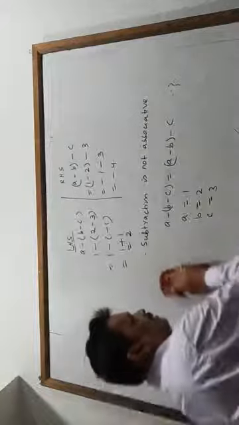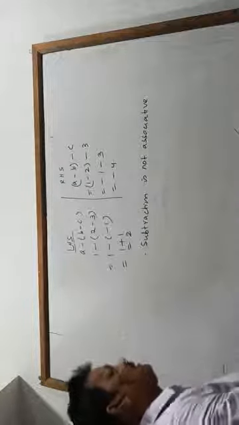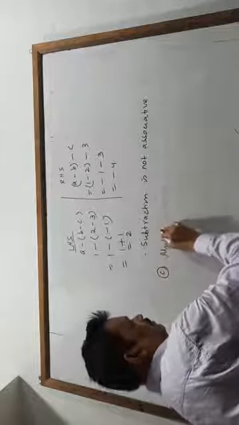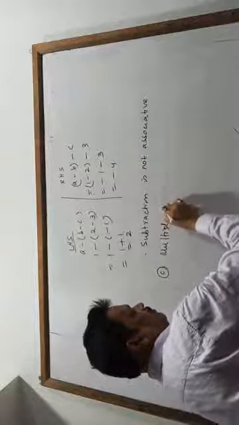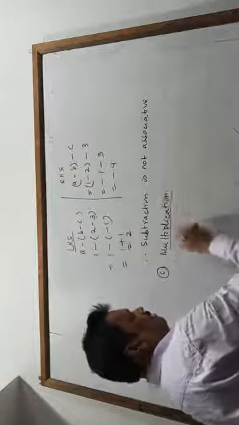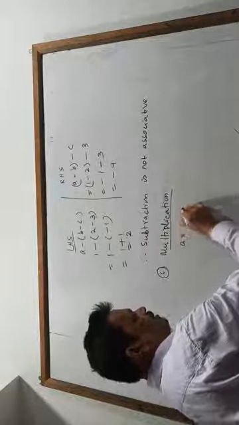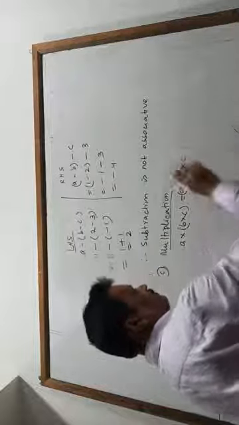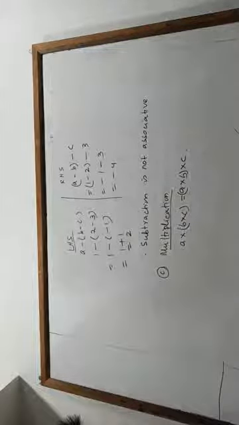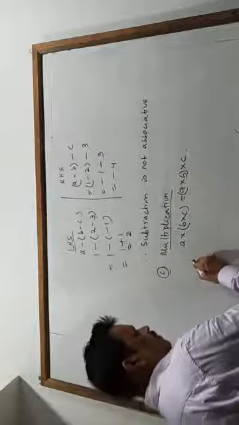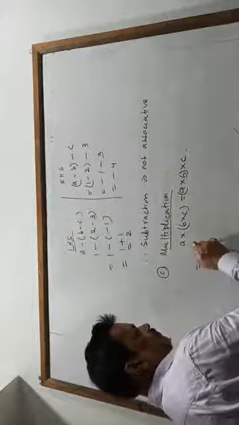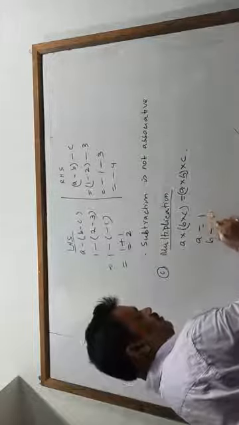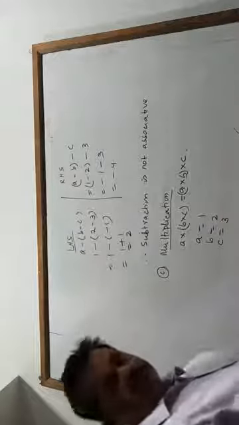Okay. Then we will take multiplication. Multiplication means you have to write A into B into C. Suppose A equals 1, B equals 2, C equals 3.